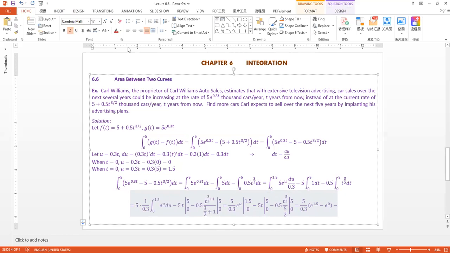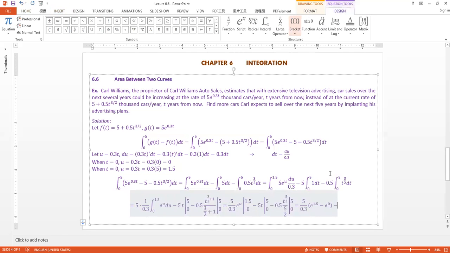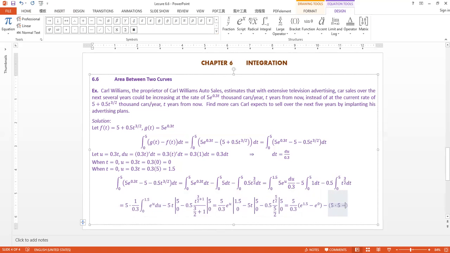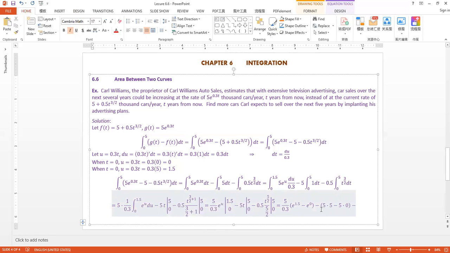So plug in 5 for t and 0 for t. So that's 5 times 5 minus 5 times 0, right? Okay, 5t, 5 times 5, 5 times 0. And then minus.